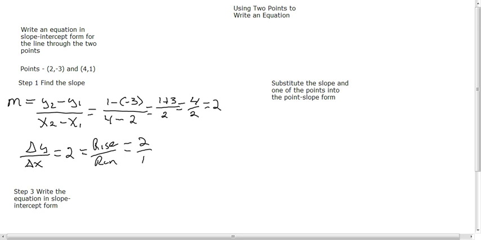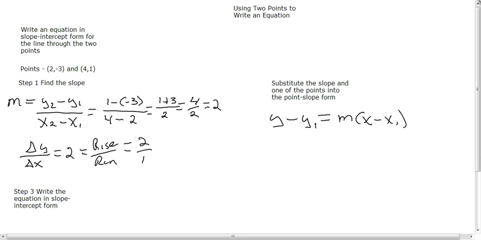Okay, second step asks us to substitute the slope and 1 point into the point slope form. So again, let's think back and remember that the point slope form is y minus y sub 1 is equal to m times x minus x sub 1.